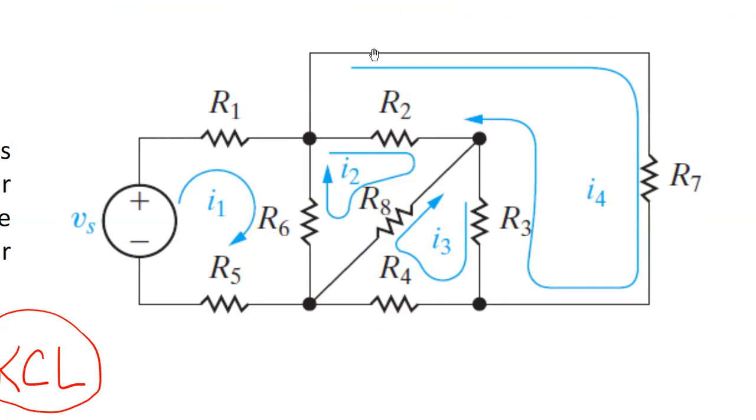Is this a circuit or a network? What is the difference between a circuit and a network? Any ideas, please?